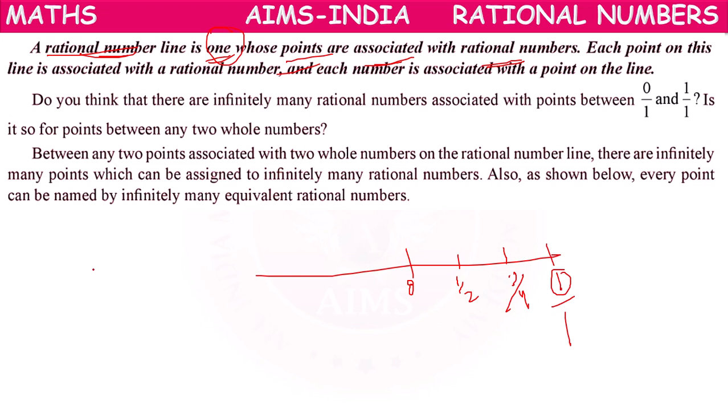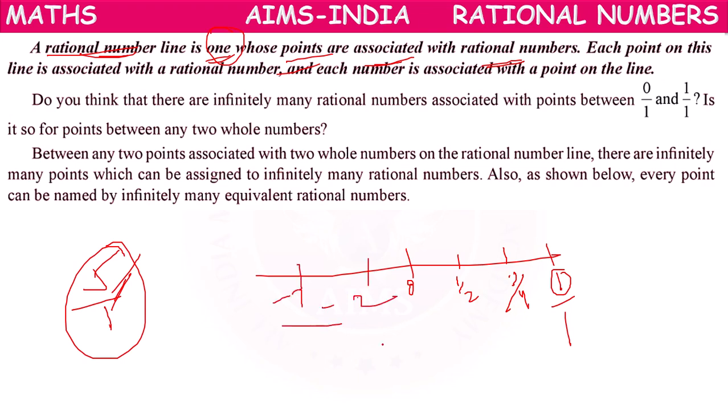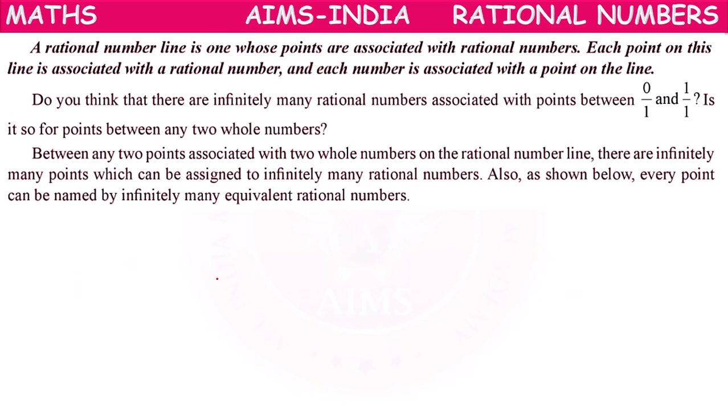Because every integer, you can take any integer, we can keep it over 1 and we can represent it as a rational number. So a number line consisting of all rational numbers is called a rational number line. So each point is associated with a rational number. Each rational number is associated with a point.